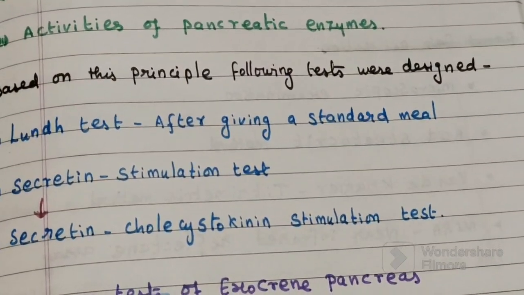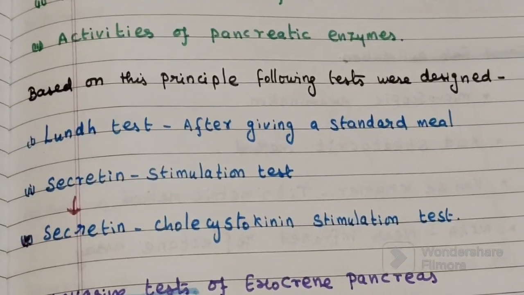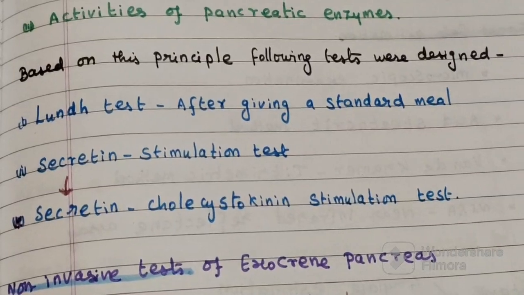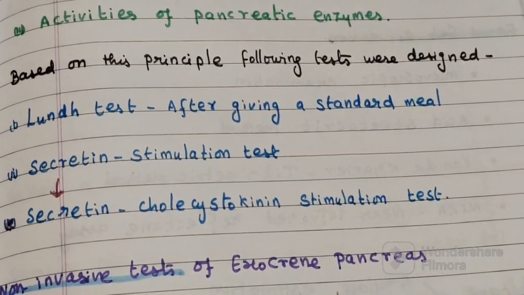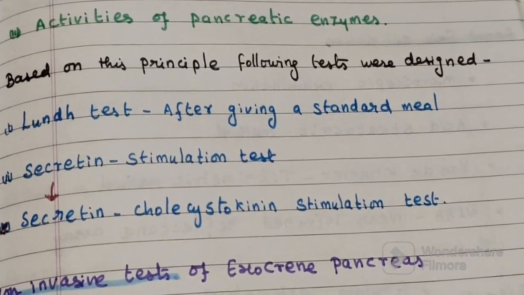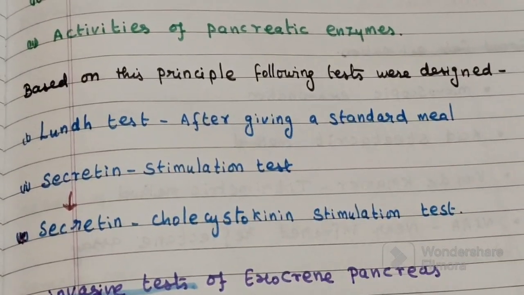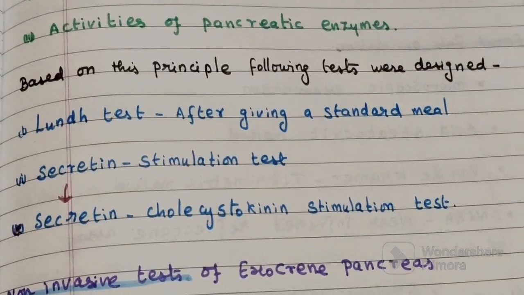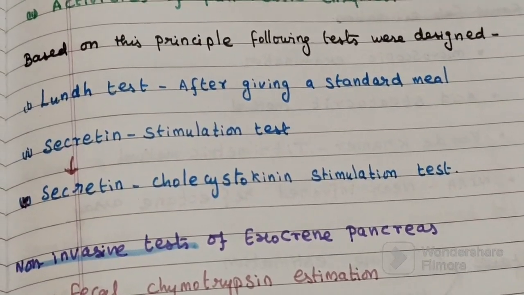First one is Lundh test. Second one is secretin stimulation test. Secretin and cholecystokinin are the stimulus for the pancreas for secretion of digestive enzymes.